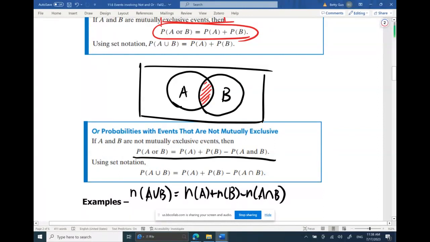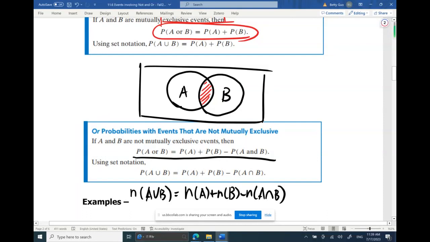A, B are any two events. They don't have to be exclusive. So P of A or B would be P of A plus P of B and then minus P of A and B. The meaning would be the same as with the cardinal number, because if we look at a Venn diagram, the probability is proportional to the area of the set, right?